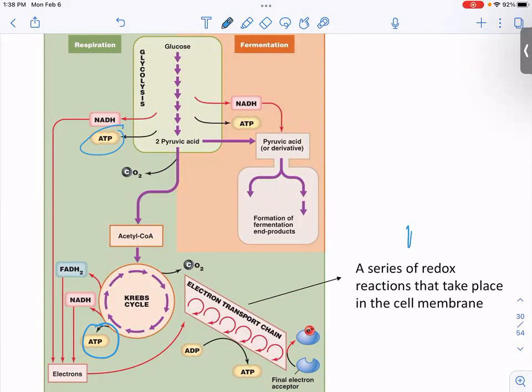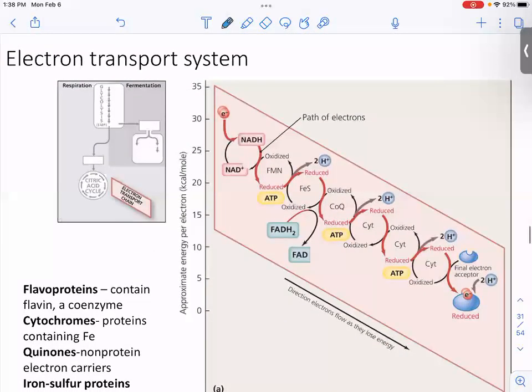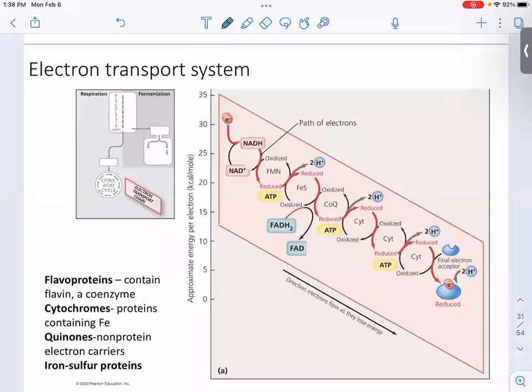This is a series of redox reactions that are always going to take place in some membrane. There are a couple of different graphics I want to show you here. One's better at explaining certain things and one's better at explaining other things, so I want to show it to you a couple different ways. The electron transport system is going to be in the plasma membrane of prokaryotes and the inner mitochondrial membrane for eukaryotes.